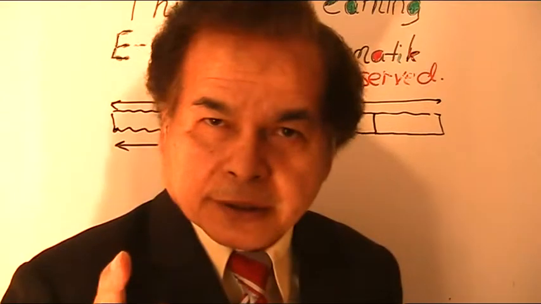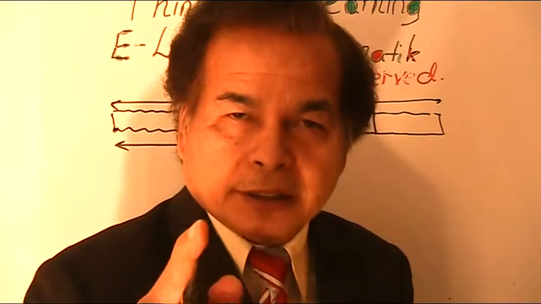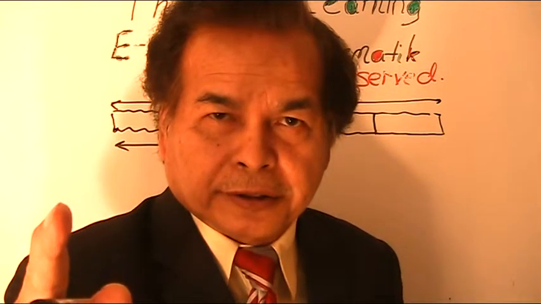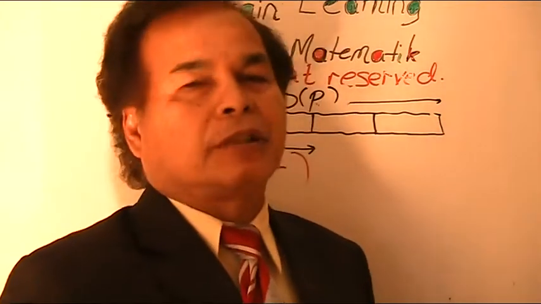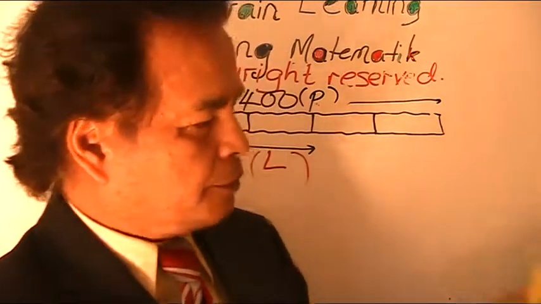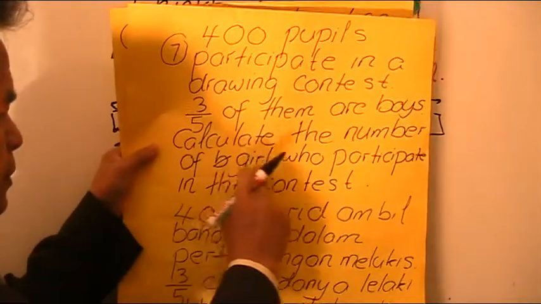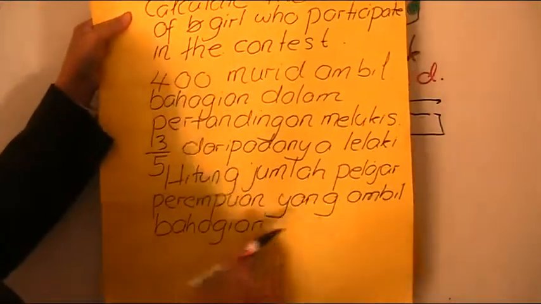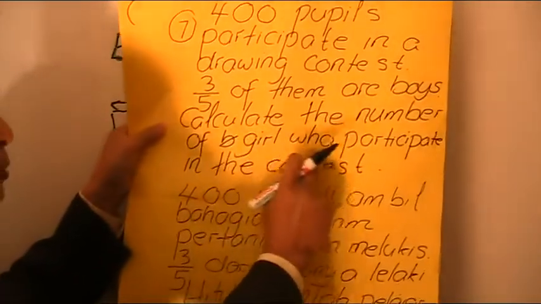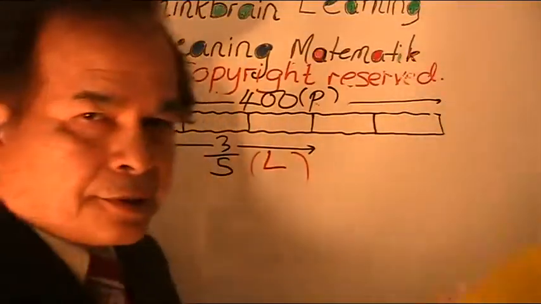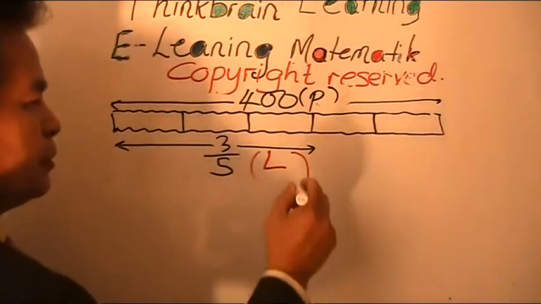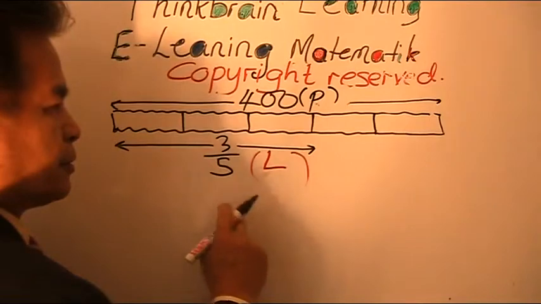What is asked? Right, the number of girls or boys? Right, the number of girls, perempuan yang ambil bahagian. Girls who participate in the contest. Right. So what you do is you only find the girls.